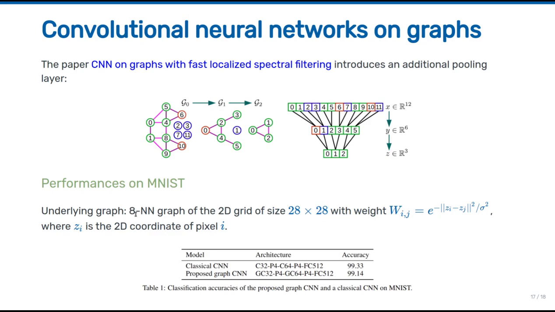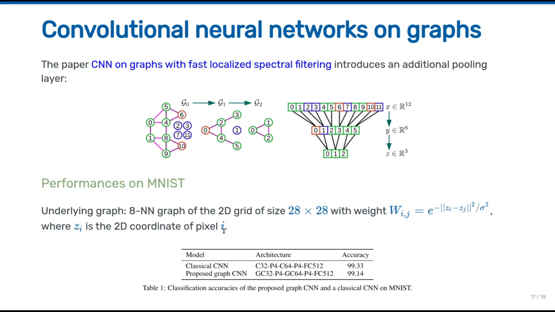So this is an 8 nearest neighbor graph of the 2D grid of size 28 by 28, so the original images, with weights given by this formula, where the z are the 2D coordinates of the pixels.